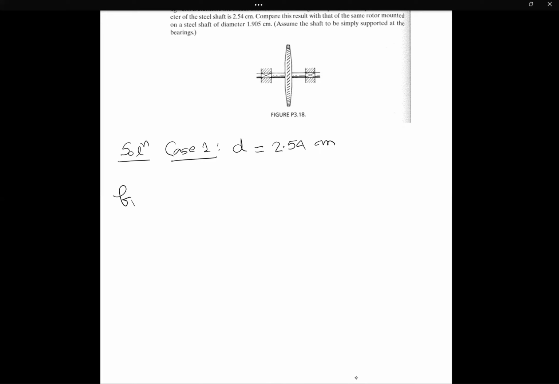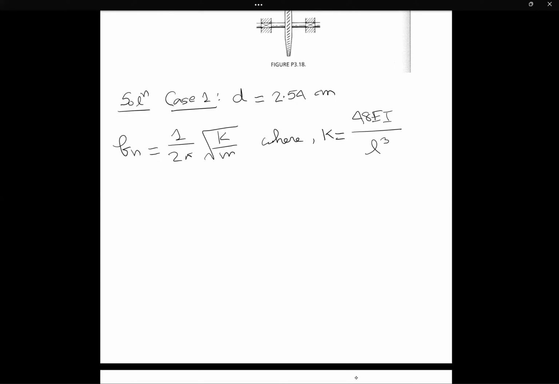We know natural frequency is 1 by twice pi root over K by M, where K is equal to 48 EI by L cube, where E is the modulus of stiffness for steel and I is moment of inertia.